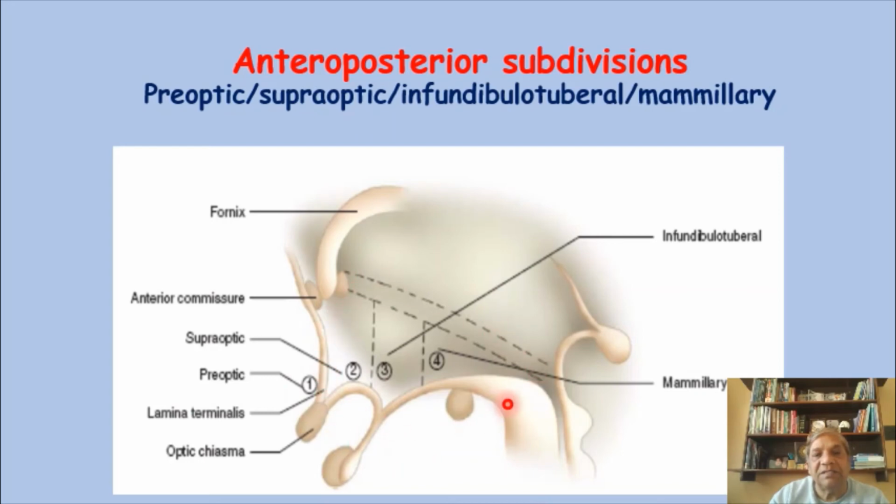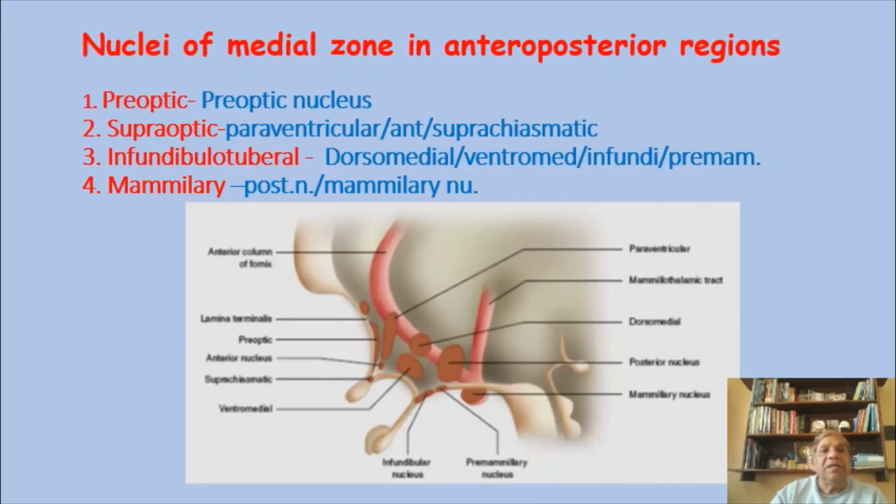This area is the hypothalamus, and we will see these nuclei just below that. Let us come to the nuclei in various zones. Medial zone in anteroposterior region. These are the nuclei of the medial zone, but classified as anteroposterior region.